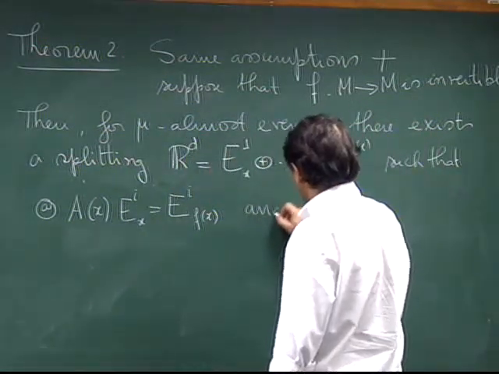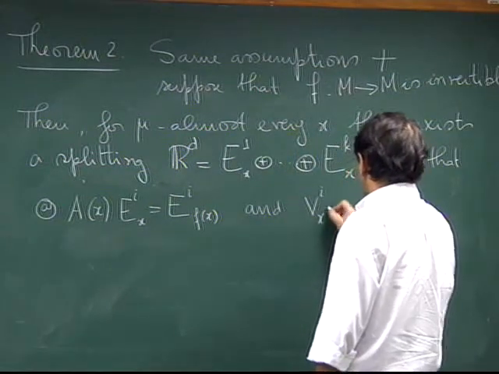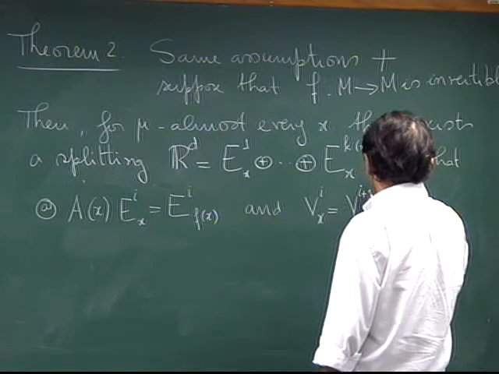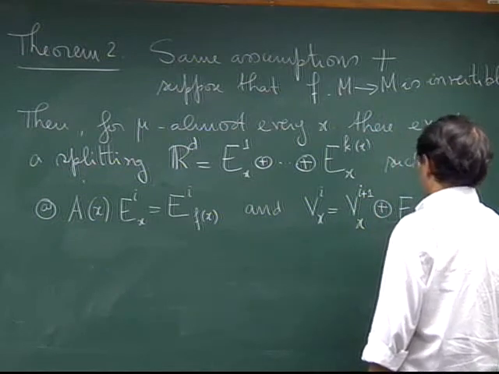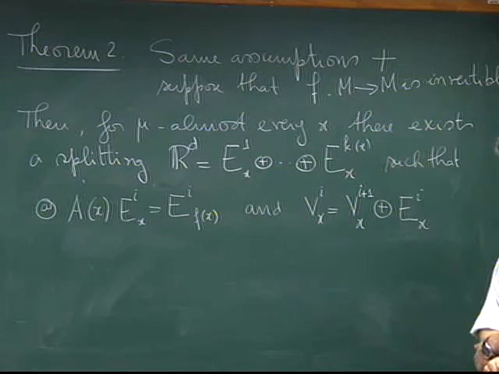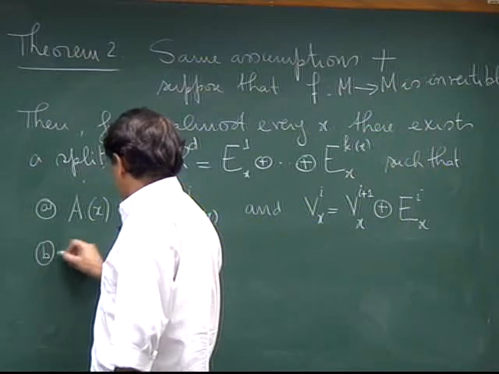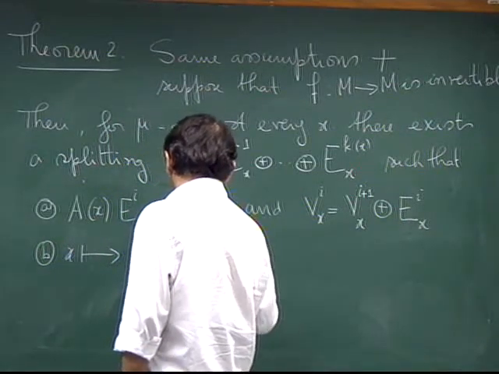And V_i(x) is V_{i+1}(x) direct sum E_i(x). The second condition is that the map sending x to E_i(x) is measurable.